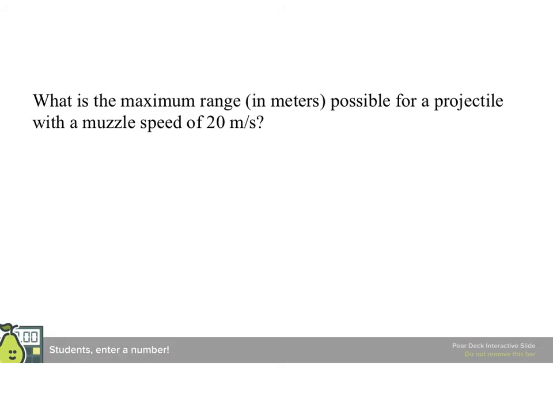So, what is the maximum range in meters for a projectile that has a muzzle speed of 20 meters per second? This is really, again, plug and chug. R equals v_i squared over g times sine 2 theta.